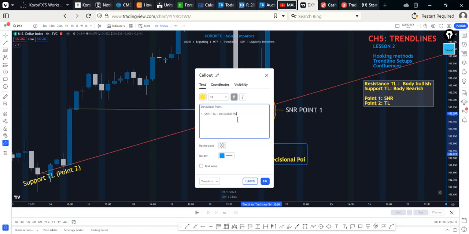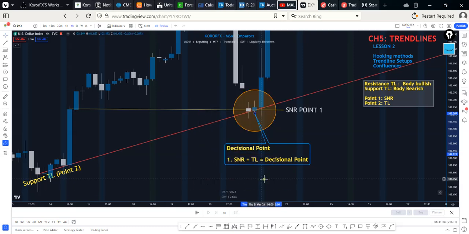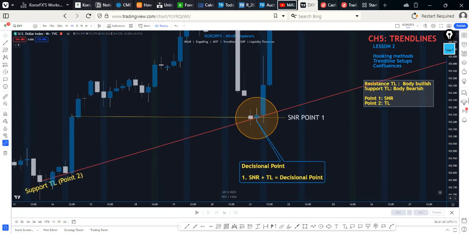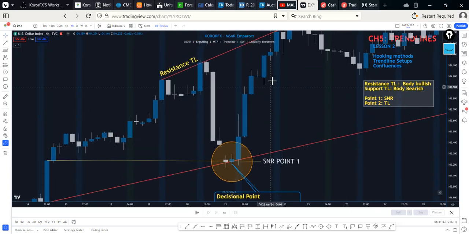Decisional point, decisional level. So that is how you can enter the market.